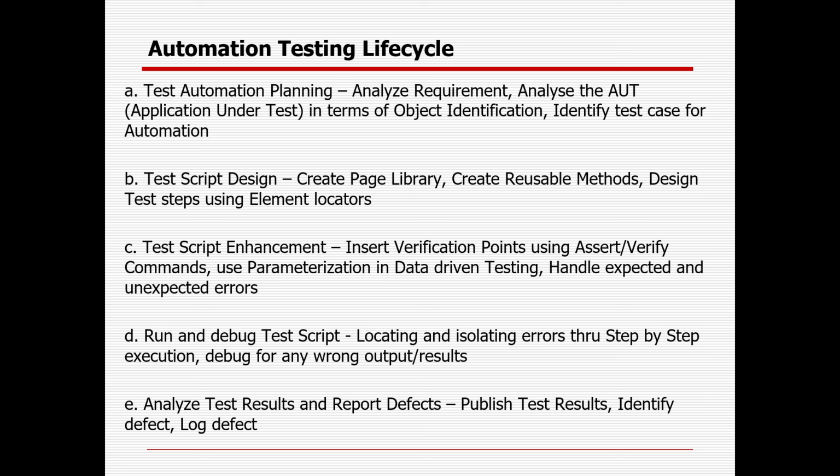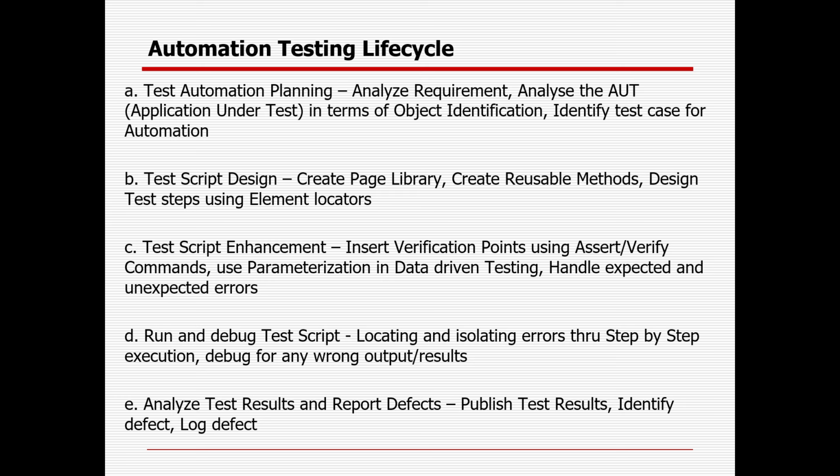Once your basic scripts are ready, you need to do the enhancement of the script, because your automation testing objective is not only to do the flow. Definitely you need to do the manual end-to-end lifecycle flow step by step, but at the end of the day you need to validate that the expected thing is working in every step, every page, or the end-to-end flow as well.